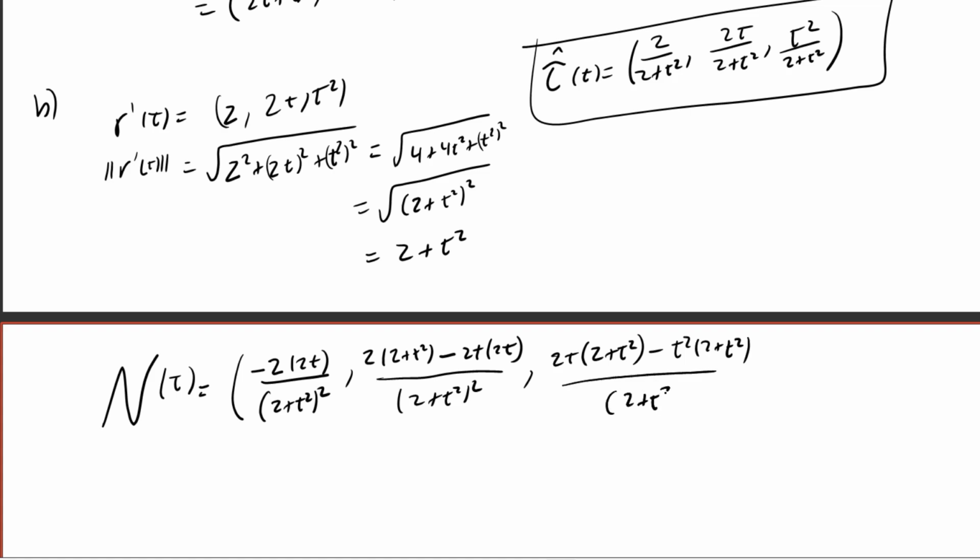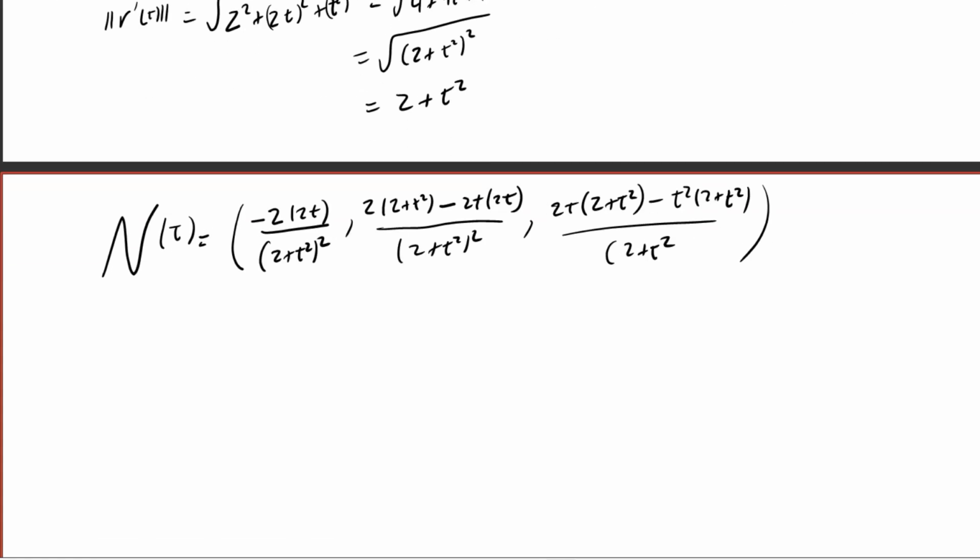Okay, and then I can simplify this a little bit. First let me just factor out the denominator, 2 plus t squared squared, times minus 4t. So here we have minus 4t squared, so we're going to have minus 2t squared plus 4.